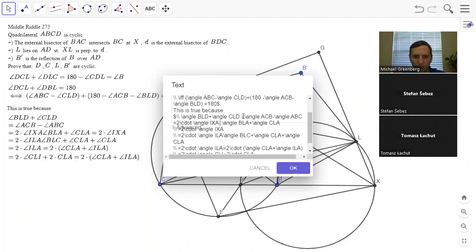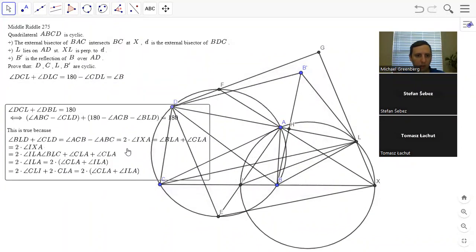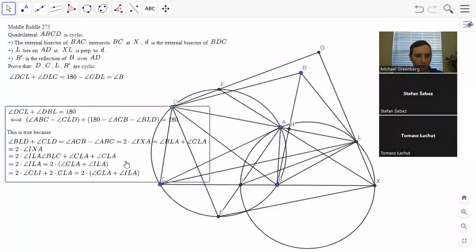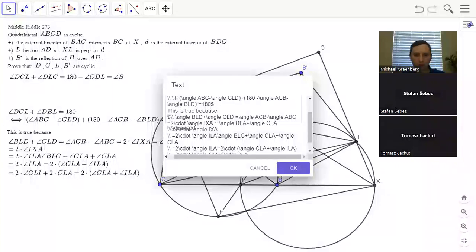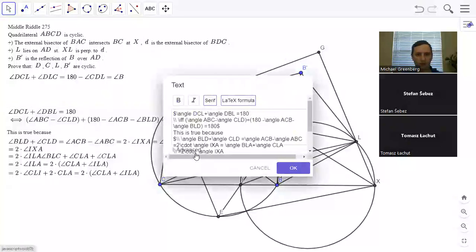That is what that line says. And the last equality of BLA plus CLA should be in a separate line: 2 BLA plus CLA.